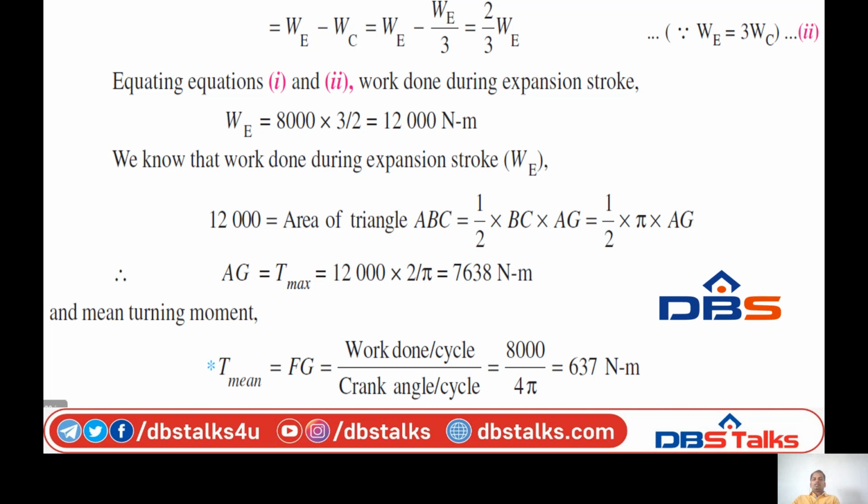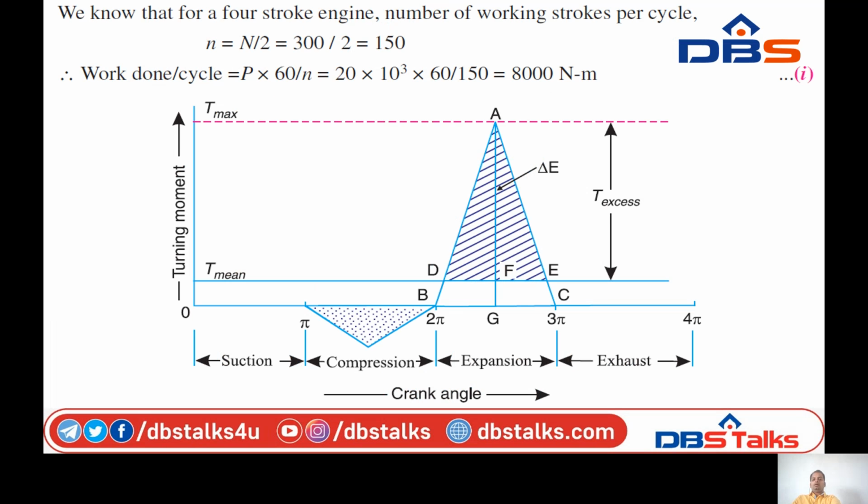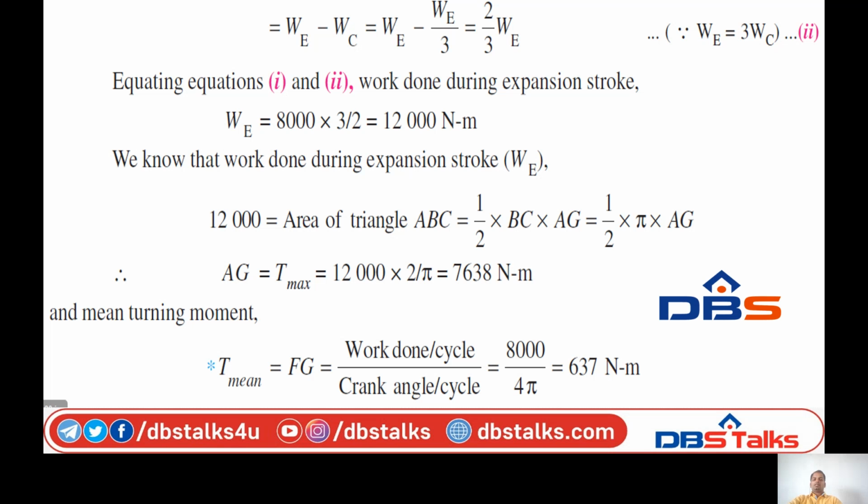We know that the work done during the expansion stroke, 12,000, equals the area of the triangle of the expansion stroke, that is ABC. That is the actual energy or work done during the expansion stroke. It is just like an area calculation: half into breadth into height.